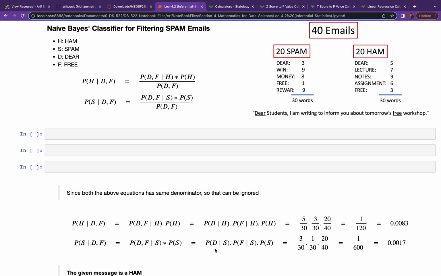Similarly, the probability of the word dear, given that it is a spam, is 3 over 30. And probability of getting the word free, if this is a spam, is 1 over 30. And naturally, the probability of spam is 20 divided by 40, which is shown over here.